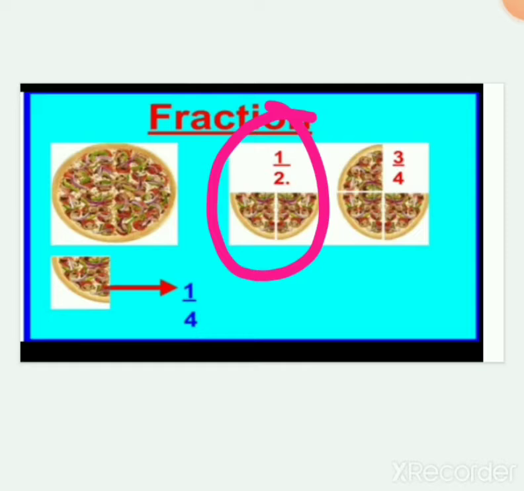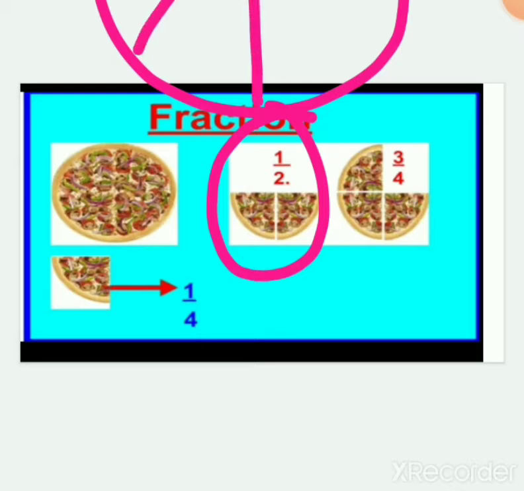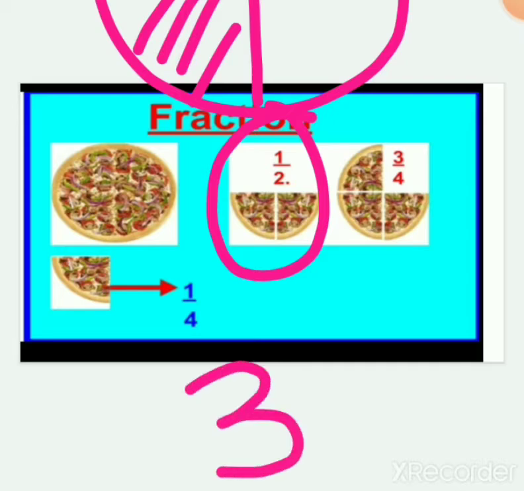Okay, if you are distributing the pizza among 3 friends, you are total 3 in number, so you will take three parts of the pizza, and the total of the fraction is 4.